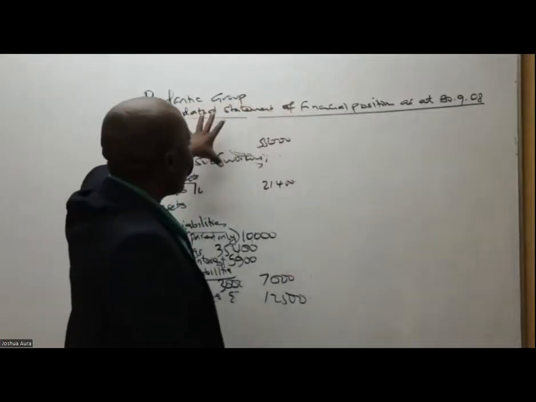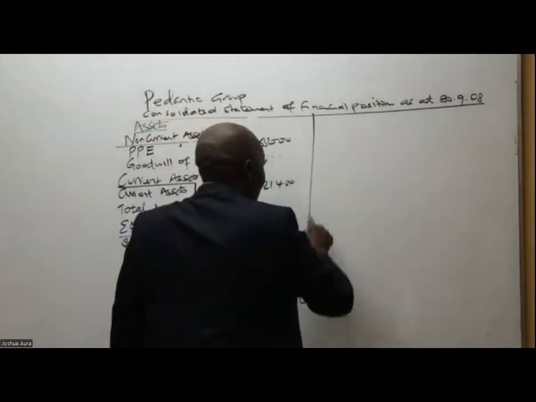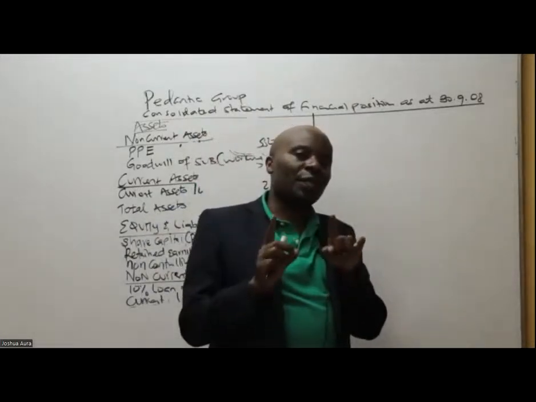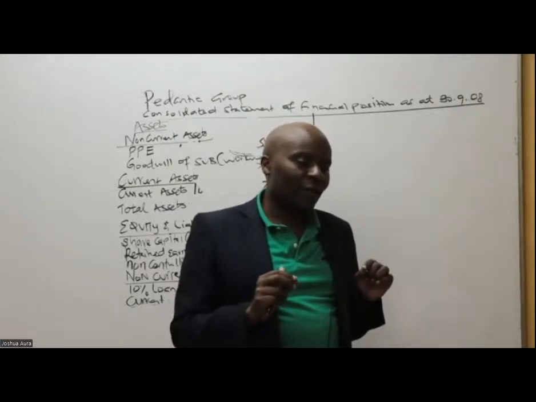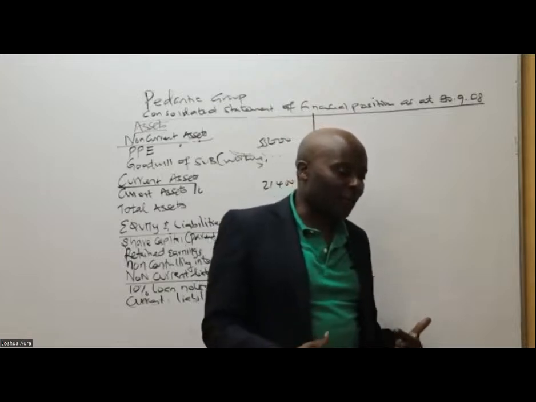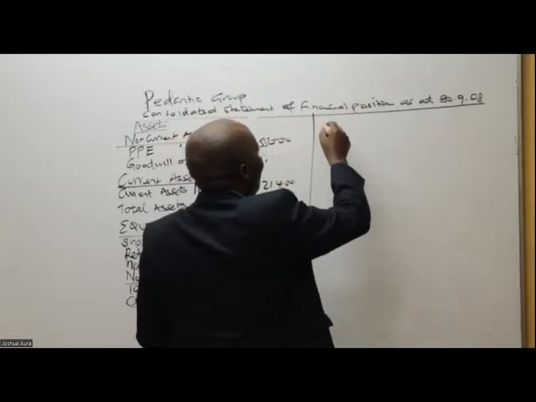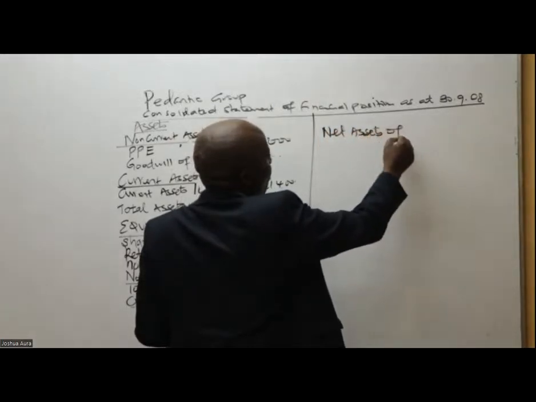So after doing all this, the next thing I will come here and look critically at my subsidiary. This subsidiary that I acquired, was it really worth it, or did I waste my resources? And how do I assess the criticality of my subsidiary? It is to look at the net assets of the subsidiary.